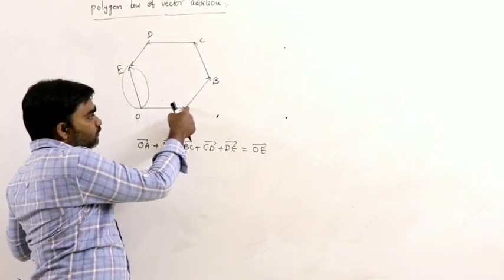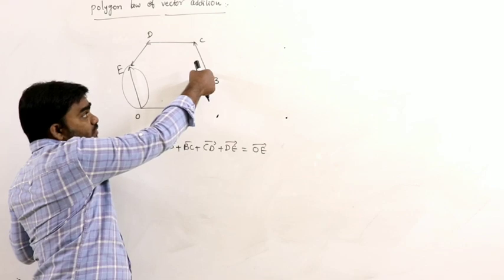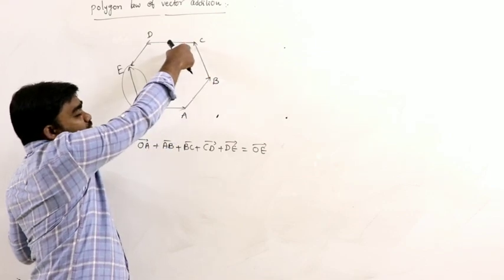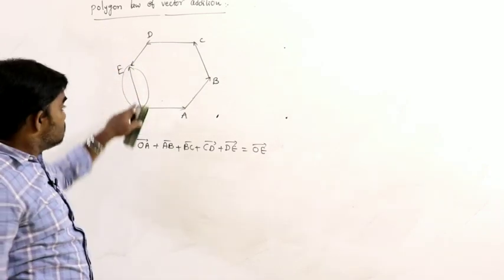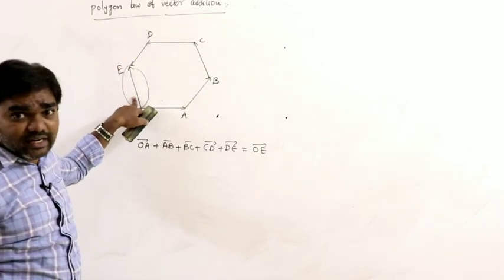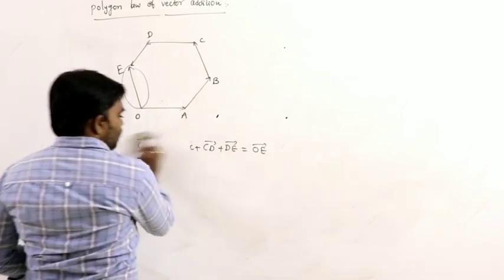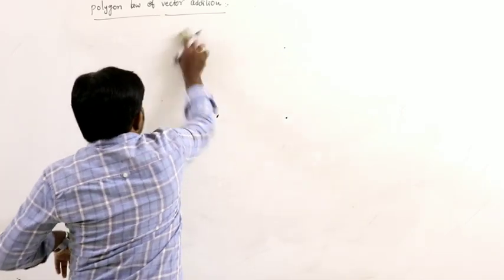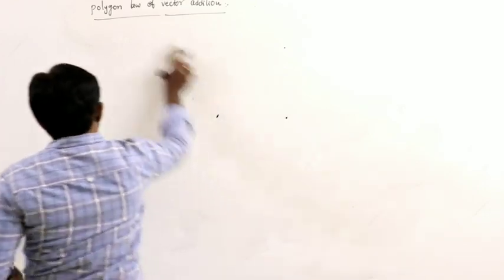See here, OA bar, AB bar, BC bar, CD bar, DE bar. The second vector starts from the final point of the first vector, the third vector starts from the final point of the second vector, the fourth vector starts from the final point of the third. These are vector additions. So finally this closing side indicates the resultant of all these. Let us check that. This is called the polygon law of vector addition.